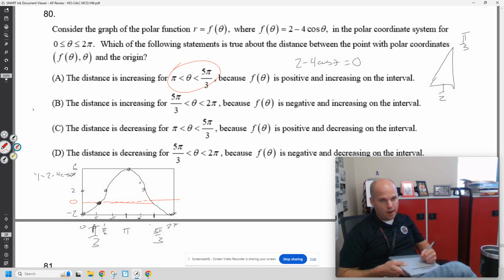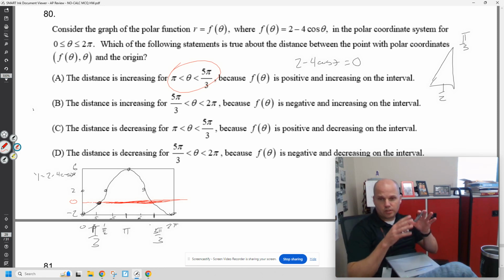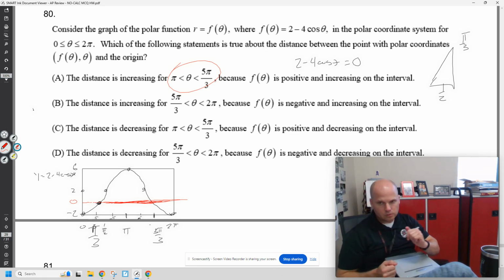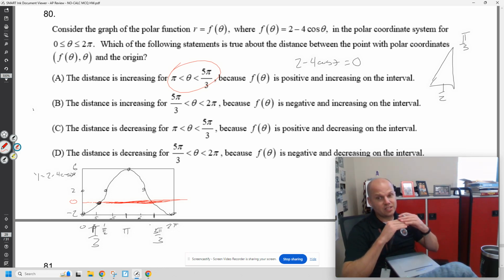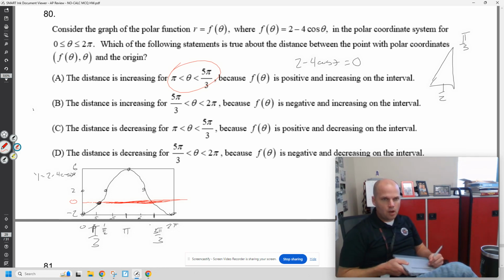Now here's what's going on. Our radiuses are positive and decreasing from pi to 5 pi over 3. Our radiuses, if they are positive and decreasing, are getting closer to 0. My distance is decreasing. Wrong.